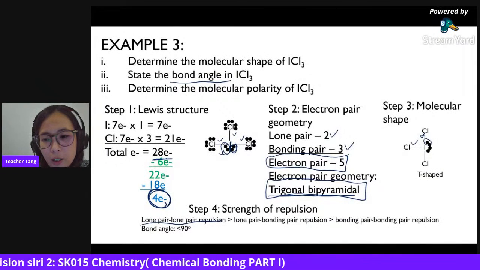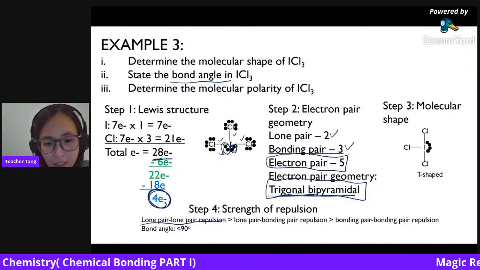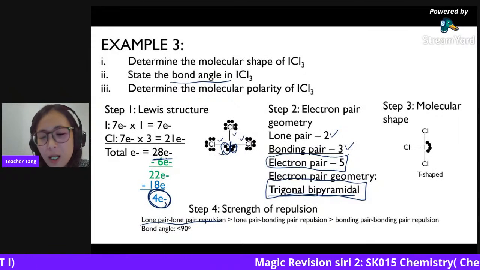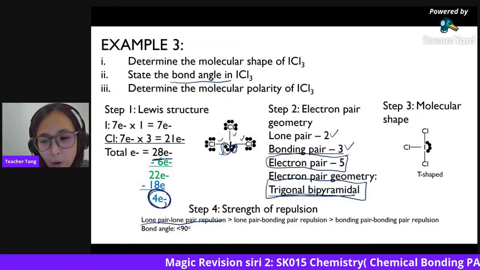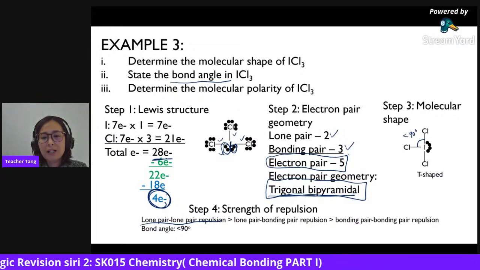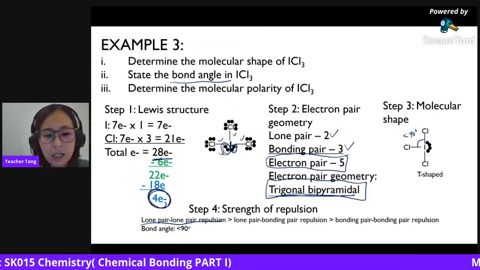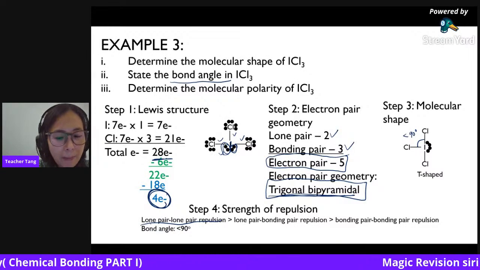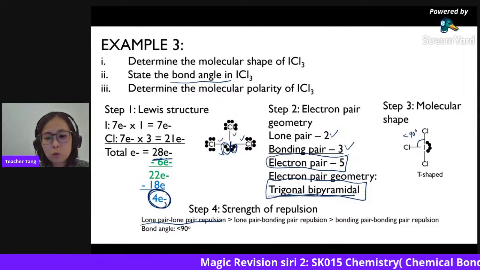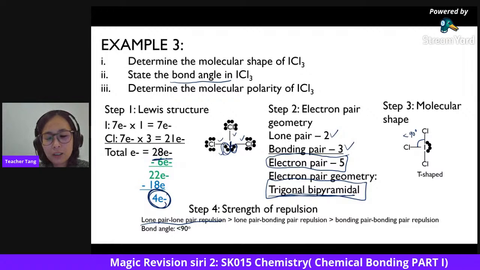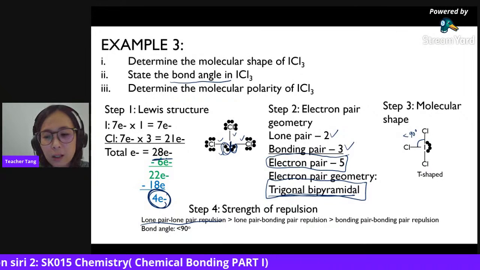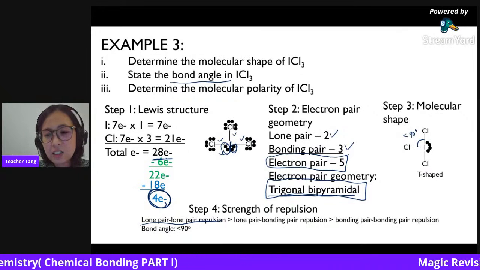So due to this order of the strength of repulsion, the bond angle would be less than 90 degrees, because the lone pair repulsion is greatest, followed by the lone pair bonding pair repulsion. So it squeezes the angle between the bonding pairs to be less than 90 degrees.